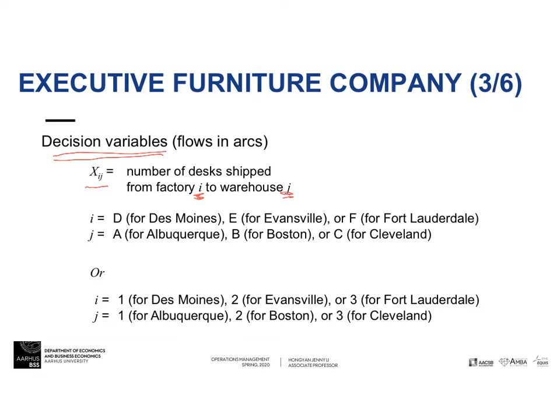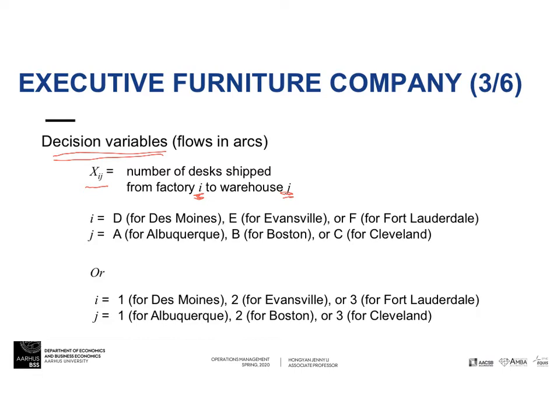So you can take two ways to define the variables. You can use numerical values. For example, number 1 shows the factory Des Moines, number 2 is factory Evansville, and factory 3 is Fort Lauderdale. Similarly for warehouses, we can also use numerical values.